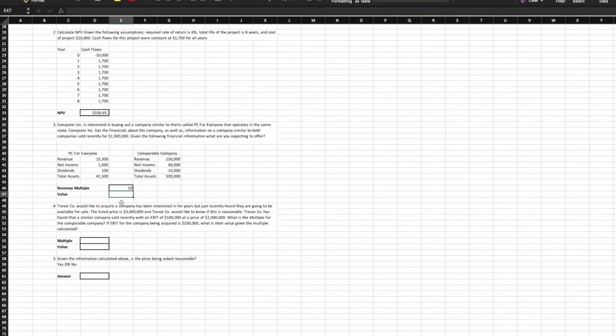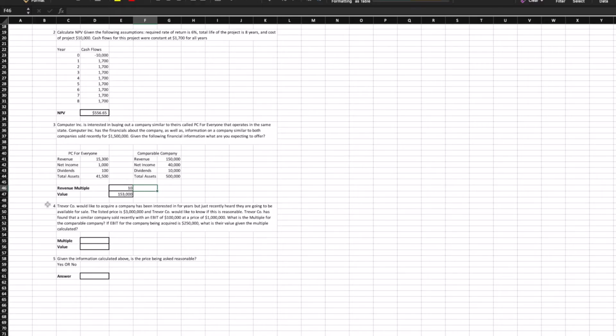To come up with the value for this firm that we're going to take on, we multiply their revenue by the EBIT multiple, and we come up with 153,000. So this is how much we are going to be willing to pay.